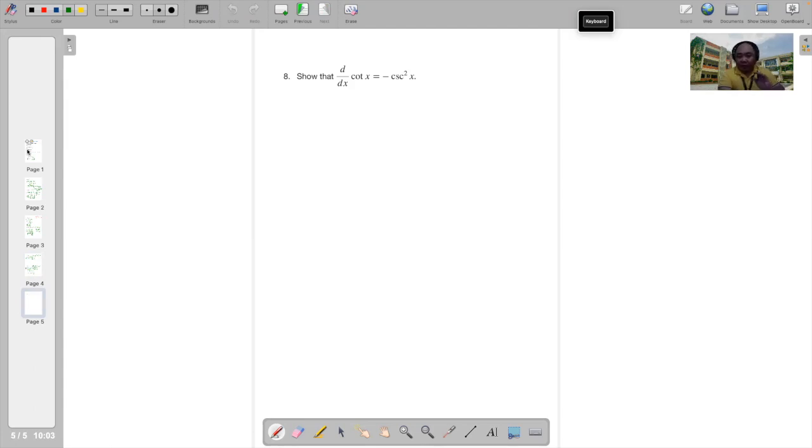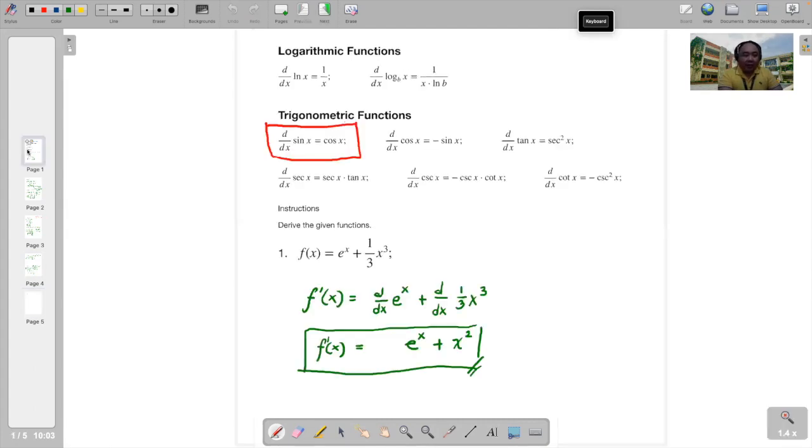Before I begin, to be honest, the only differentiation rules that you have to memorize, at least trigonometric function wise, are these two. The derivative of sine x is cosine x, and the derivative of cosine x is minus sine x. All the other four, you can derive from these two.